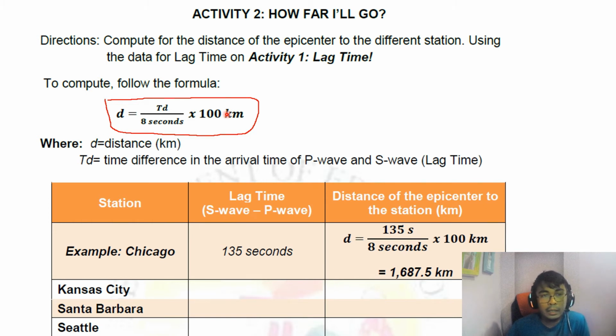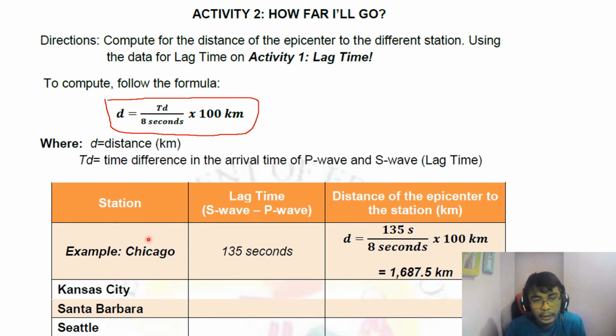Meaning to say, kailangan nyo na lang i-retain yung mga values na to. Later on, I'll try to explain kung bakit ba. But for the meantime, let's try to accept that this formula is valid in computing for the epicenter of the earthquake, okay, recorded in the different station.